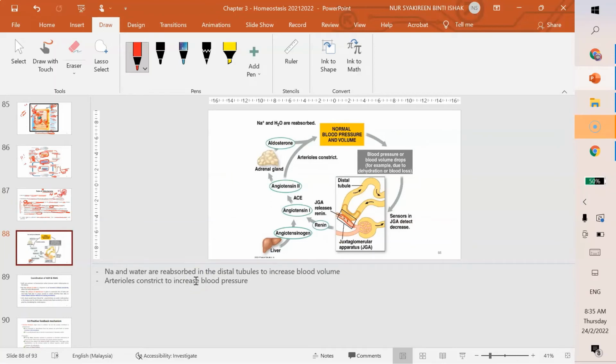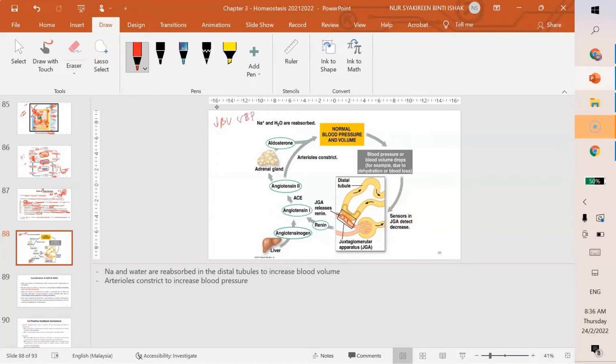So it says here sodium and water are reabsorbed in the distal tubule to increase blood volume. Arterioles constrict to increase blood pressure. Okay, so that is how, asalnya apa? Blood volume decreased, blood volume low, and also blood pressure low.